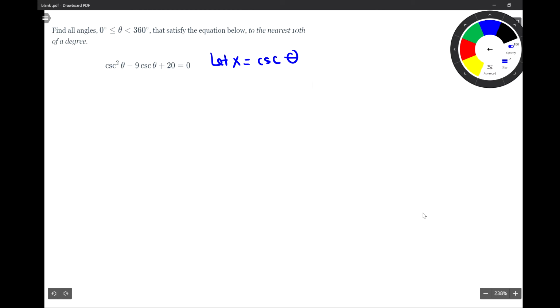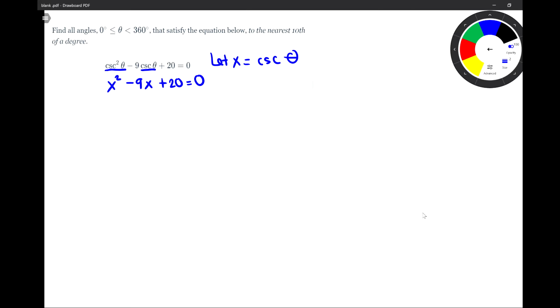That means now for whatever cosecant theta is right here, I will replace it by x: x squared minus 9x plus 20 equals 0. And I'm pretty sure most of you guys know how to solve this problem.